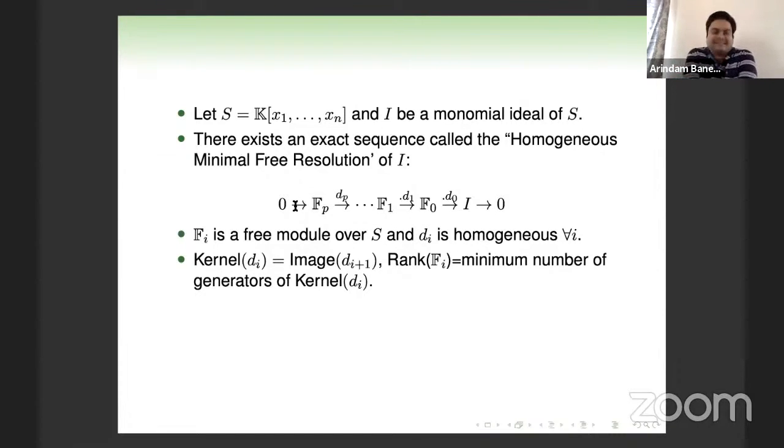This process ends. That's a deep theorem, called the Hilbert syzygy theorem. This process ends because we are in a polynomial ring. That gives you a way to study I in terms of free modules. So this is called the homogeneous minimal free resolution. I'm coming to the homogeneous word, but the word resolution essentially comes from repeated solution.